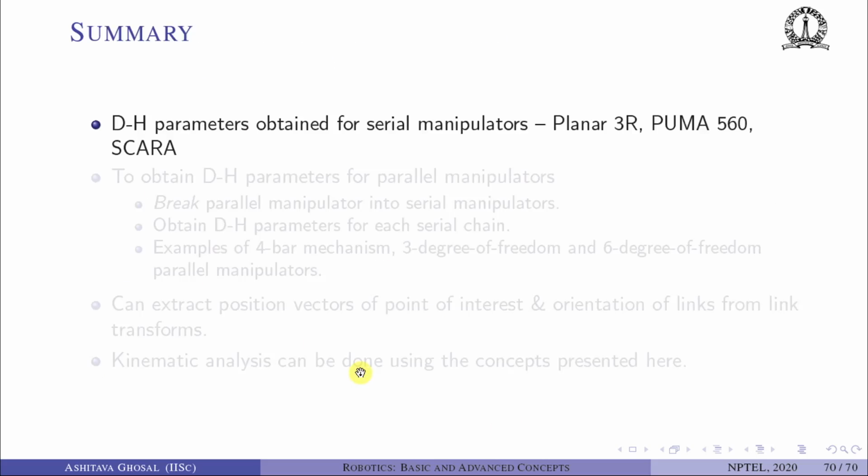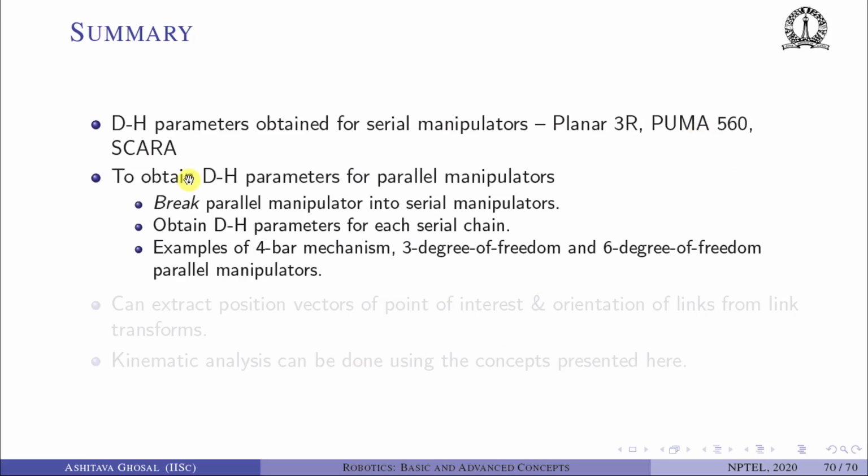So in summary, I have shown you DH parameters for serial robots: a planar 3R manipulator, a Puma 560 manipulator, and a Scara robot. The first one is 3 degrees of freedom, the second one is spatial 6 degrees of freedom, and the Scara is a 4 degree of freedom robot. To obtain DH parameters for parallel manipulators, we basically break the parallel manipulator into serial manipulators.